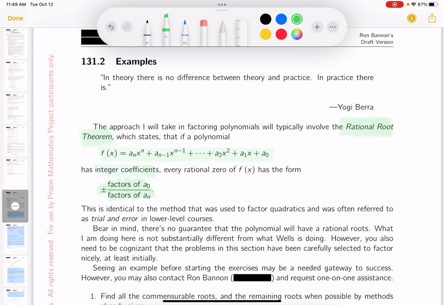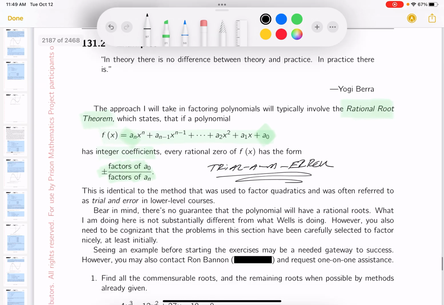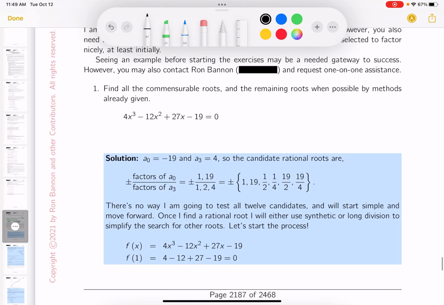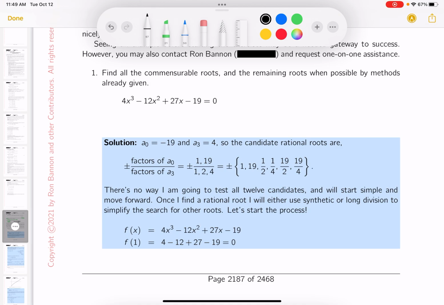So it's something to do with the factors of this guy here and this guy over here. I would basically boil this down to what's called trial and error, which is really something we started with a really long time ago. Now, the problem with trial and error is it can be frustrating, especially if you try things and it's never going to work.